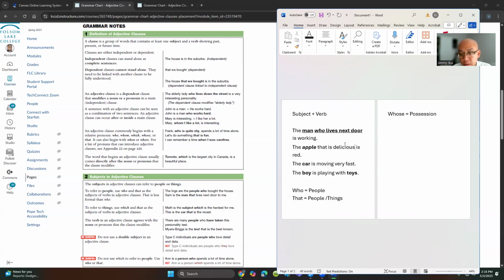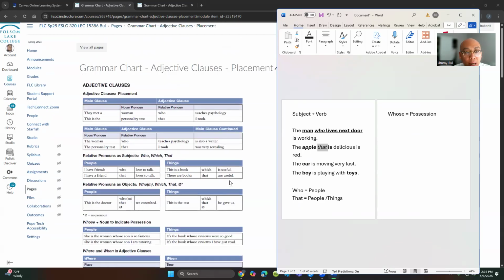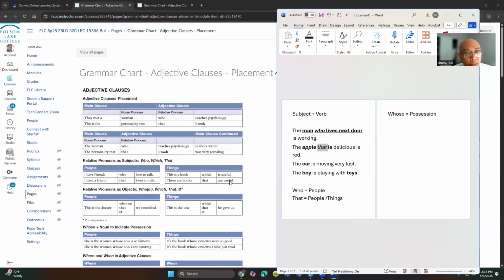Okay, and so here, there is a verb again. And that acts as a relative pronoun. And then that begins your adjective clause here. So adjective clause: who, that, which, whose. The apple that is delicious is red.